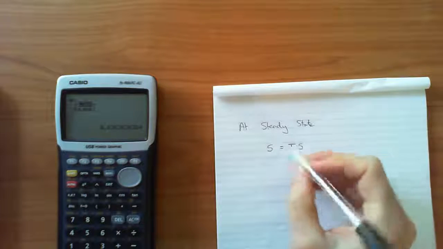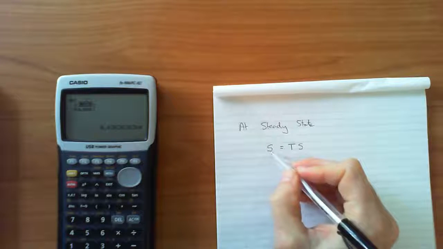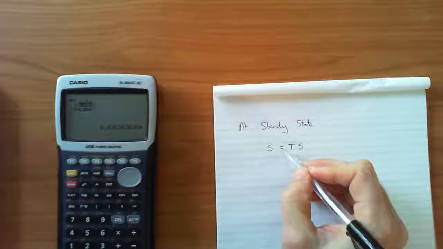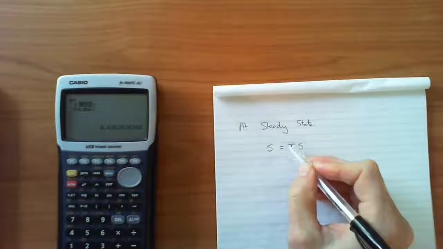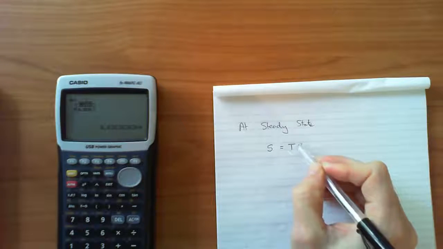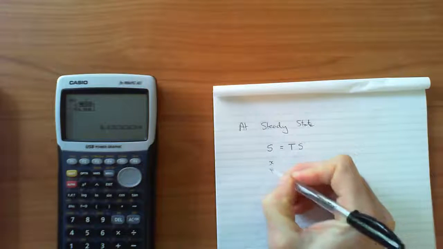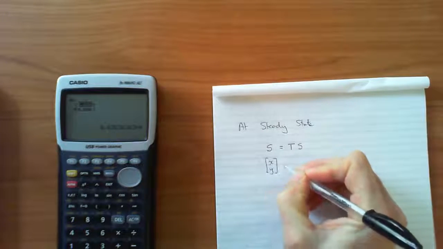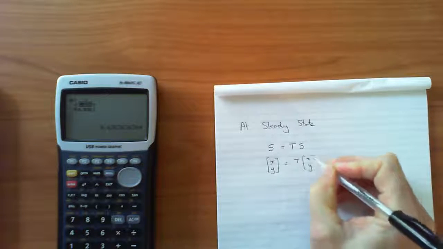Which is quite interesting because here we've got S is the state of a system. It's a column matrix. A column matrix is equal to some other matrix times that column matrix. In other words, at steady state, this transition matrix doesn't change S. Another way we could write it more generally, we could say that XY is equal to the transition matrix multiplied by XY.